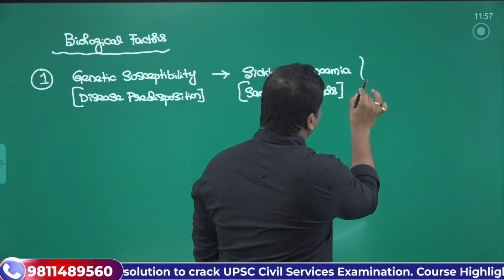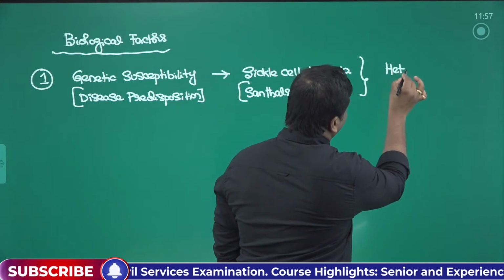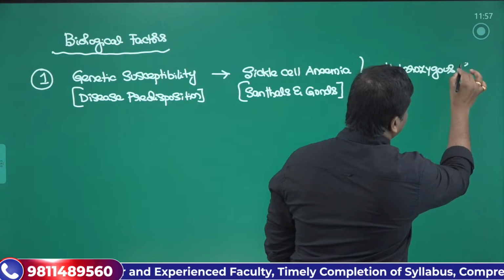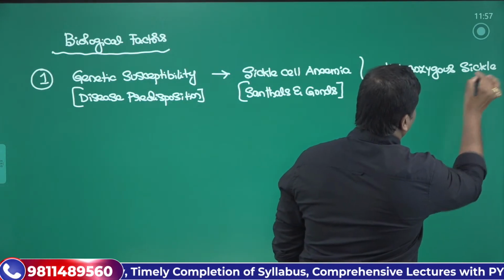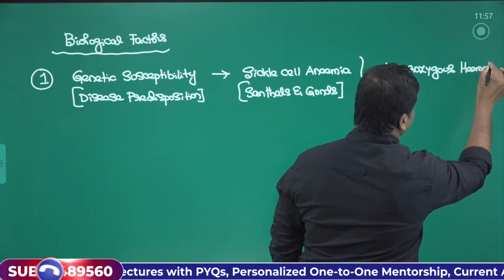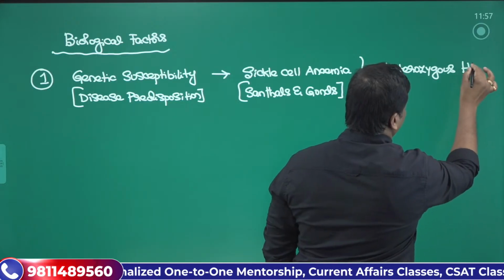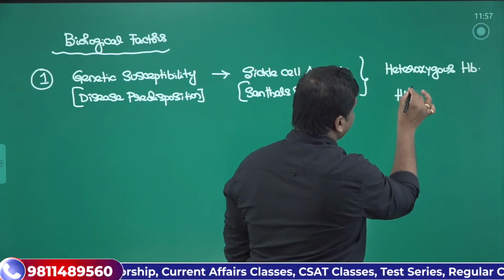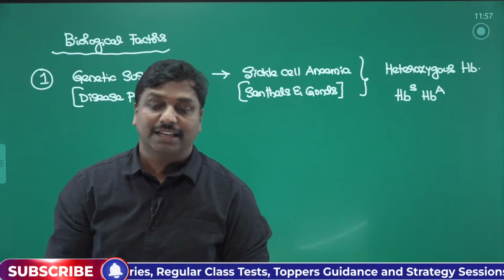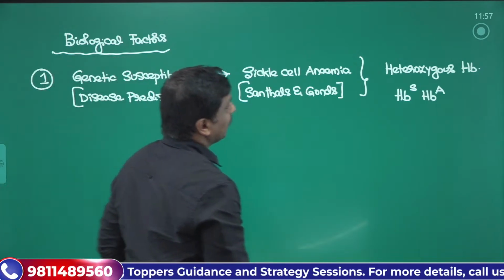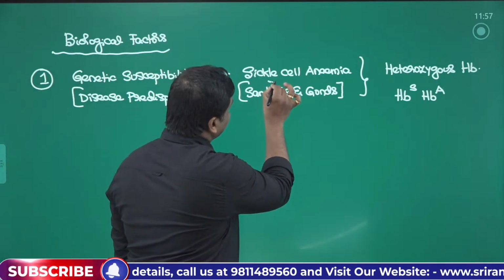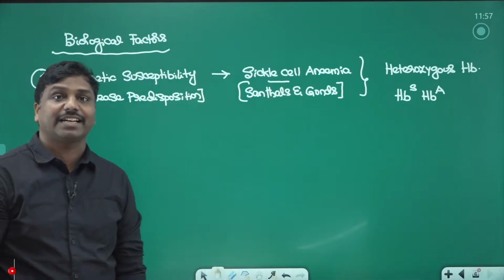They will have a heterozygous sickle hemoglobin, that means HbS and HbA. HbA is the normal allele, HbS is the sickle allele. So this is genetic susceptibility, and there will be a higher prevalence of sickle cell anemia.